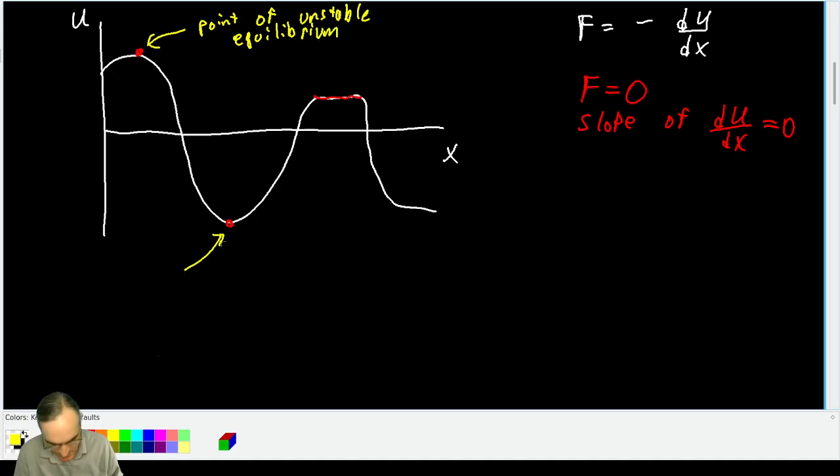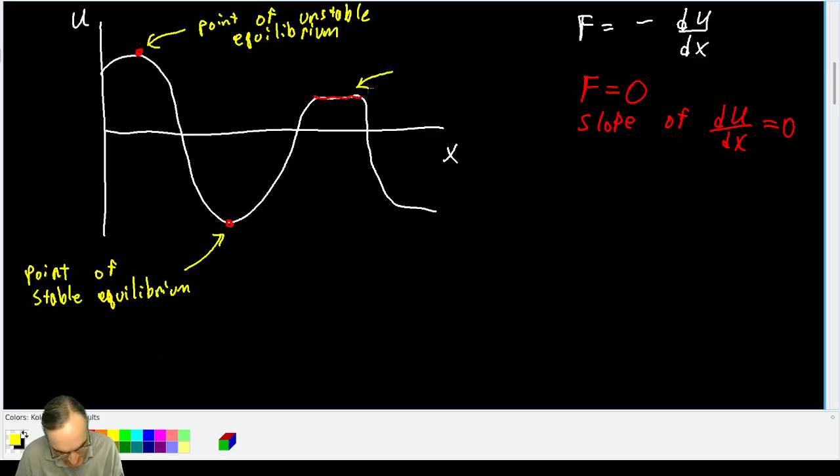And down here at the bottom, that would actually be a point of stable equilibrium. This right here is sort of a weird case where it's nice and flat. That would be a neutral equilibrium.